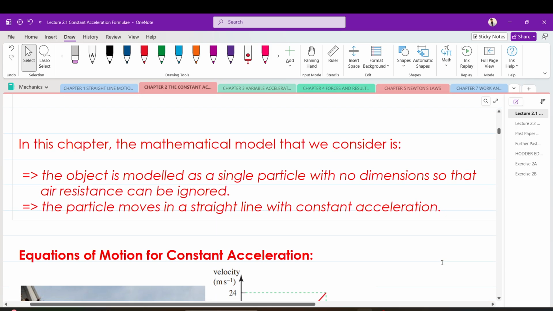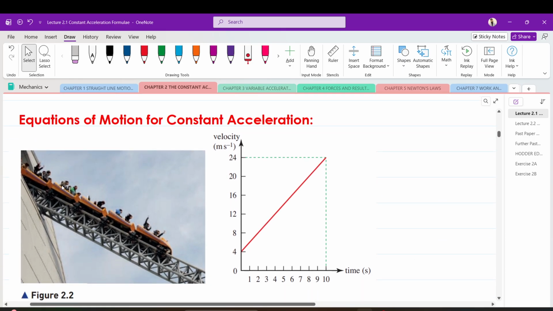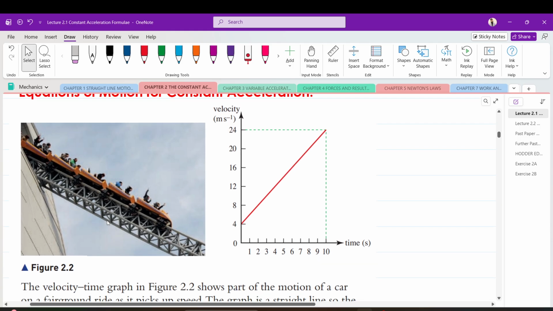All right. Now, let's go a bit deeper into the concept of where the equations of motion are derived from. Let's imagine that there's a roller coaster ride. At some points you'll notice that the velocity keeps on changing.